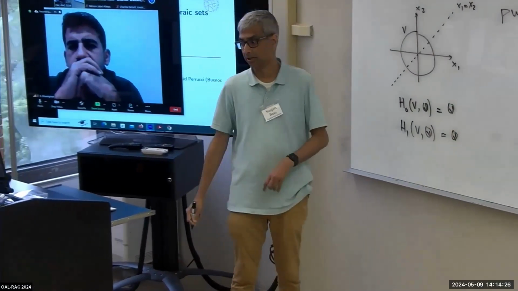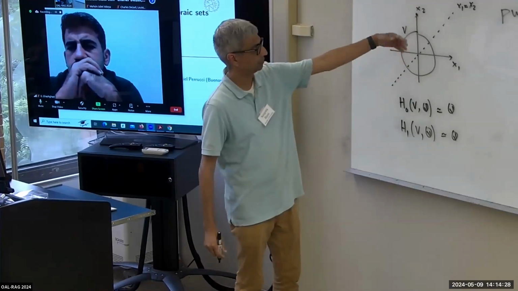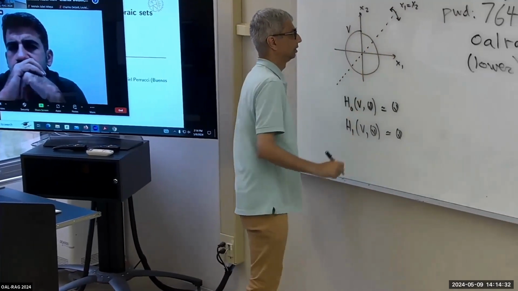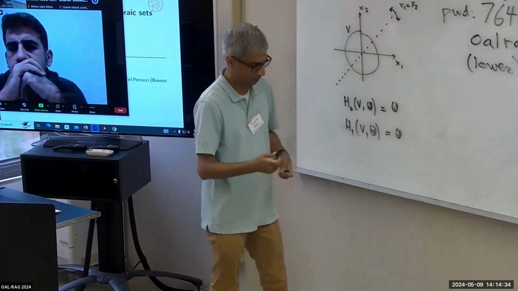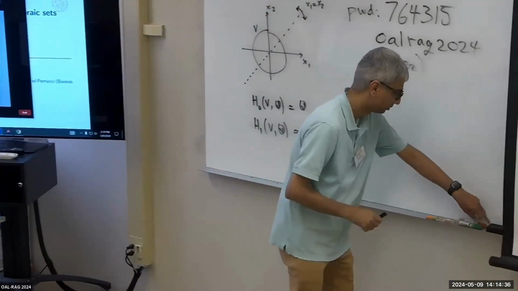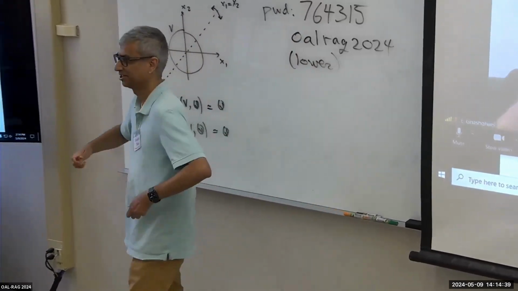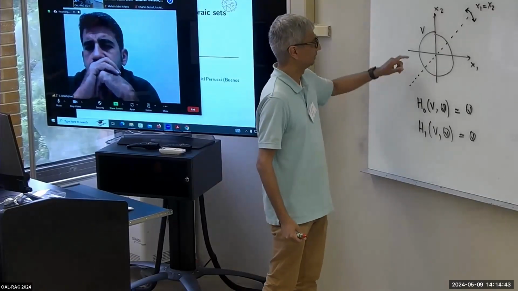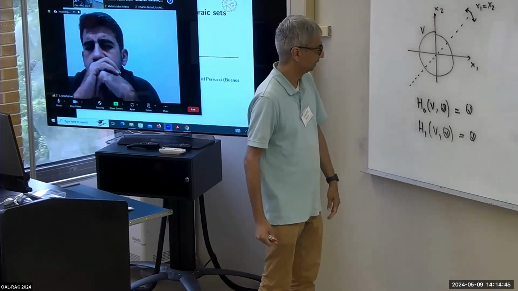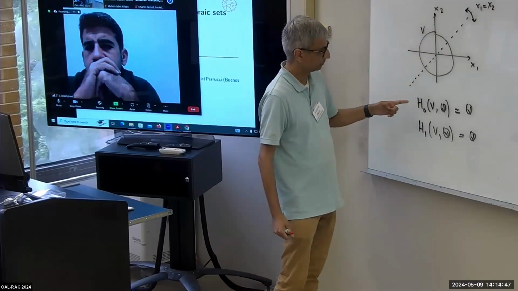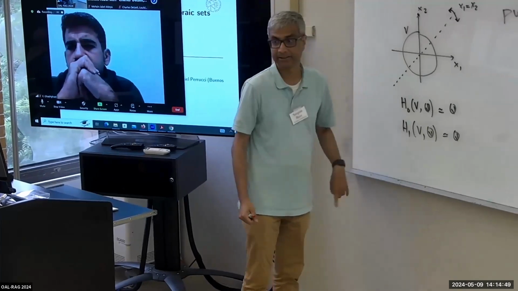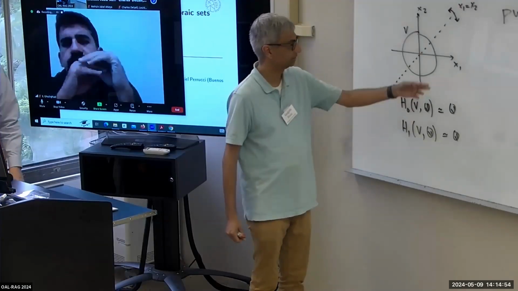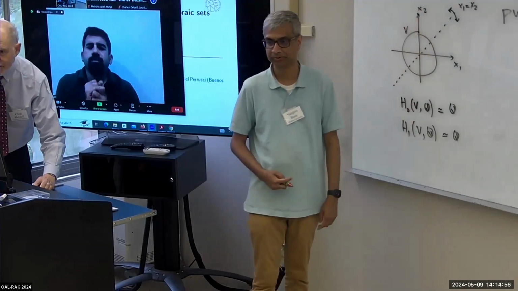But now the reflection, or the action of the symmetric group, acts on these vector spaces, making them into representations of the symmetric group S2.